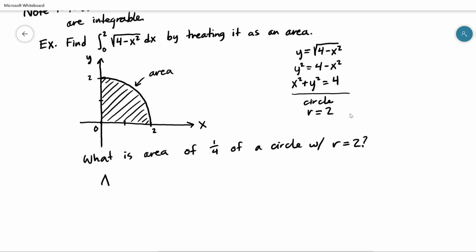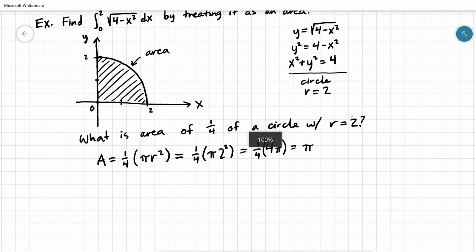That area is going to be 1/4 of the normal area of a circle, which is pi r squared. But in this case, r is equal to 2, so we're going to get 1/4 of pi times 2 squared. 2 squared is 4. I'm going to get 1/4 of 4 pi, which is just pi. So there's our answer.